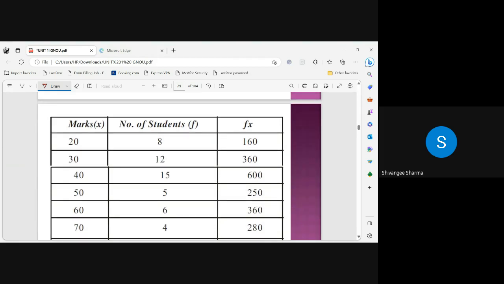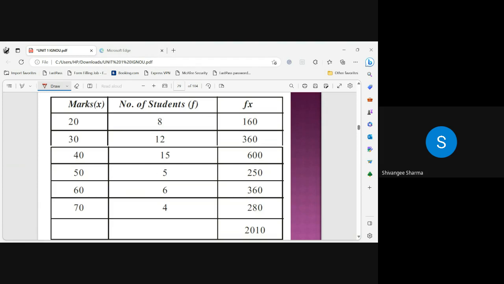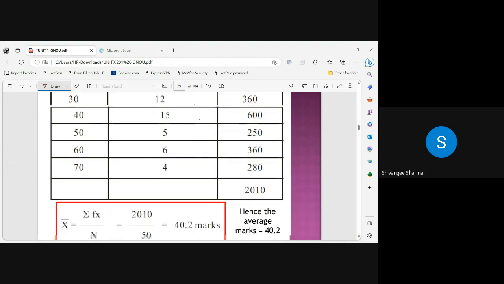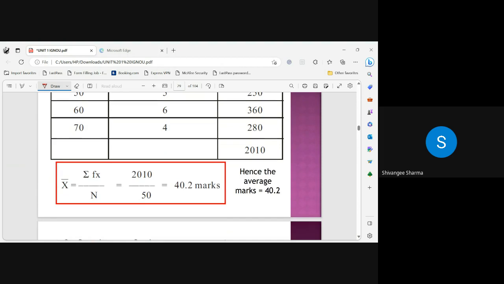So what you do, you multiply all the corresponding frequencies with the corresponding marks. So 8 multiplied by 20, 12 multiplied by 30, 15 multiplied by 40, and so on. And in the end, you add all these products, then the total is 2010 over here.